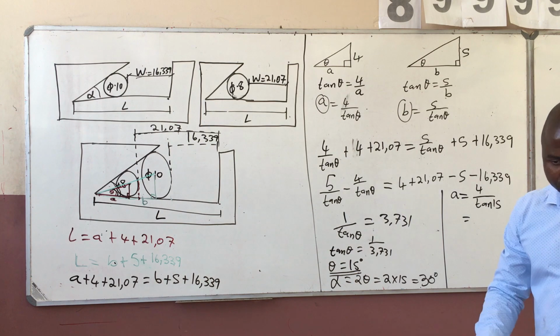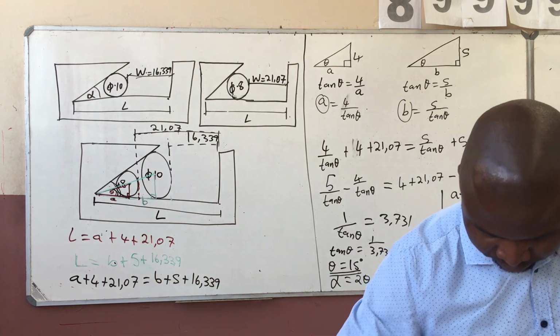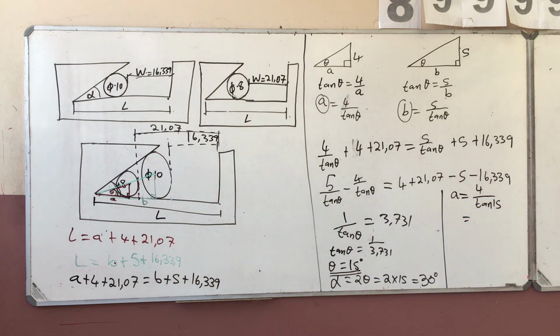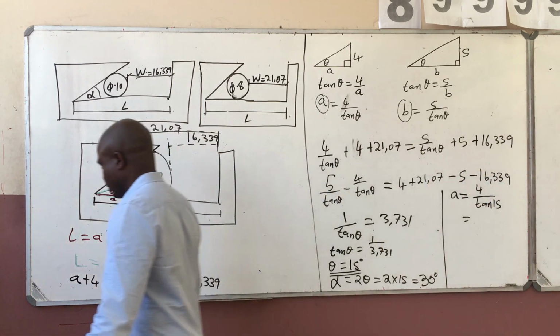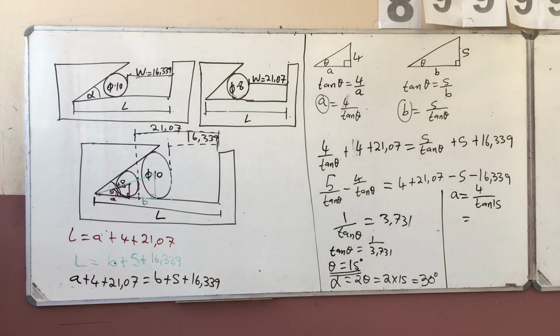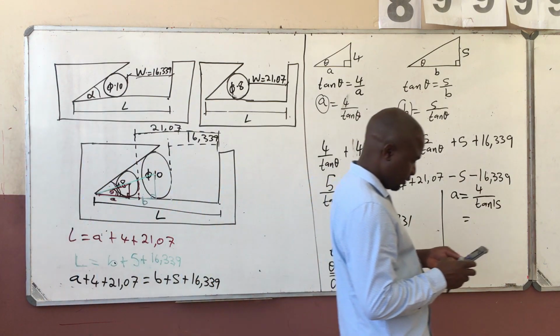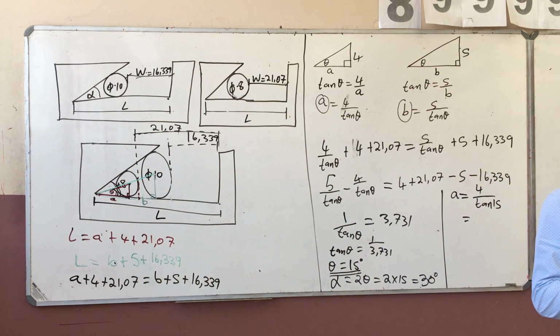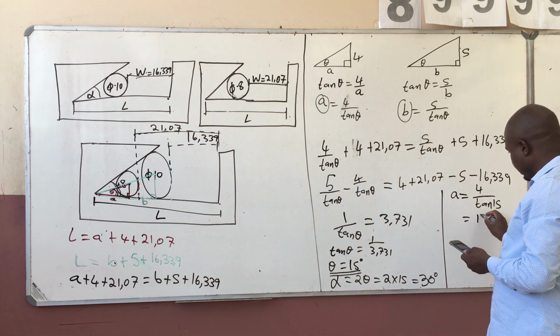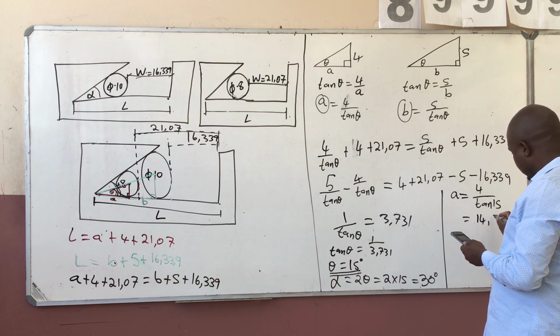And the value of A, 4 divided by tan 15, is 14.928.